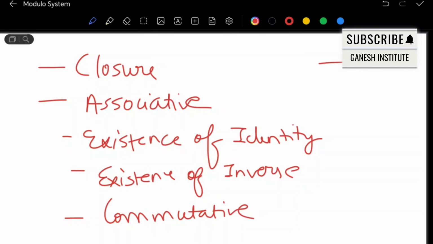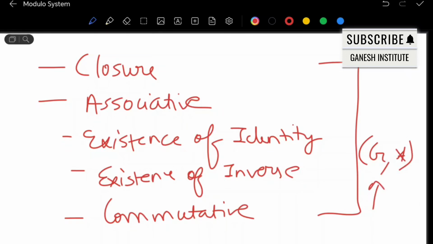If a non-empty set G with an operation, that is an algebraic structure, follows these 5 properties, then that structure is called an abelian group.